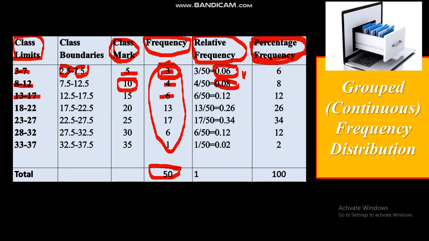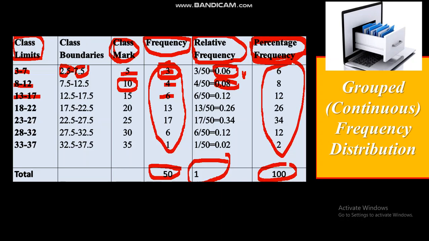The summation of the percentage frequency should be equal to 100, and the summation of the relative frequency should be equal to 1. We consider these. The other one is the cumulative frequency.